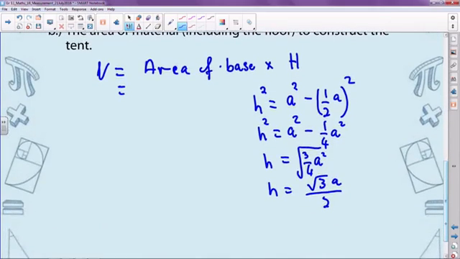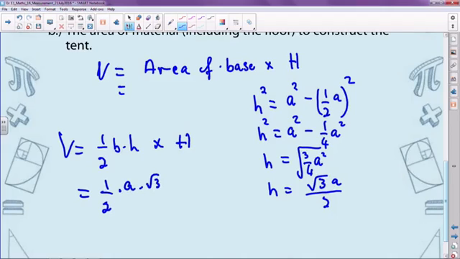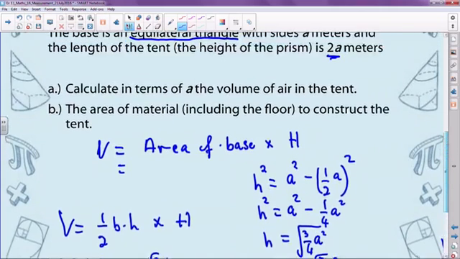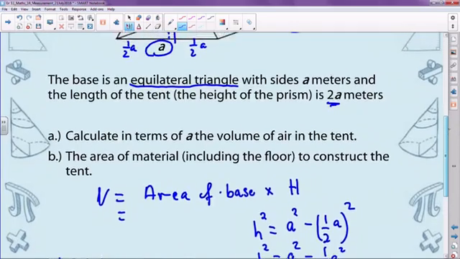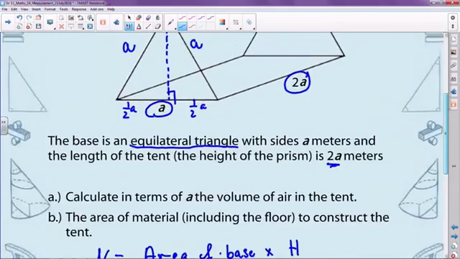Right, so the volume is half base times your height multiplied by your H. So you've got half, the base is given, it's A, times your height is root 3 over 2A times your H. The length of the tent, the height of the prism, is 2A.